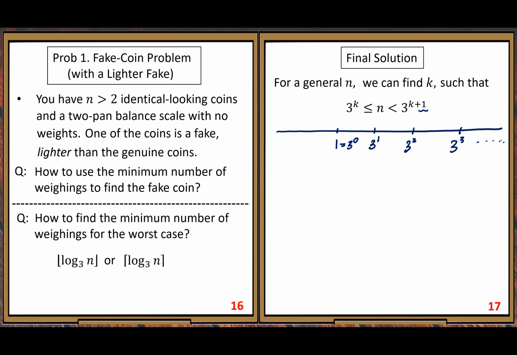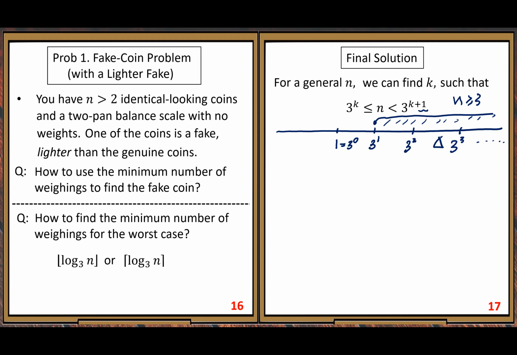Then we look at that n greater than or equal to 3. So n should be on the right-hand side of the 3, here.